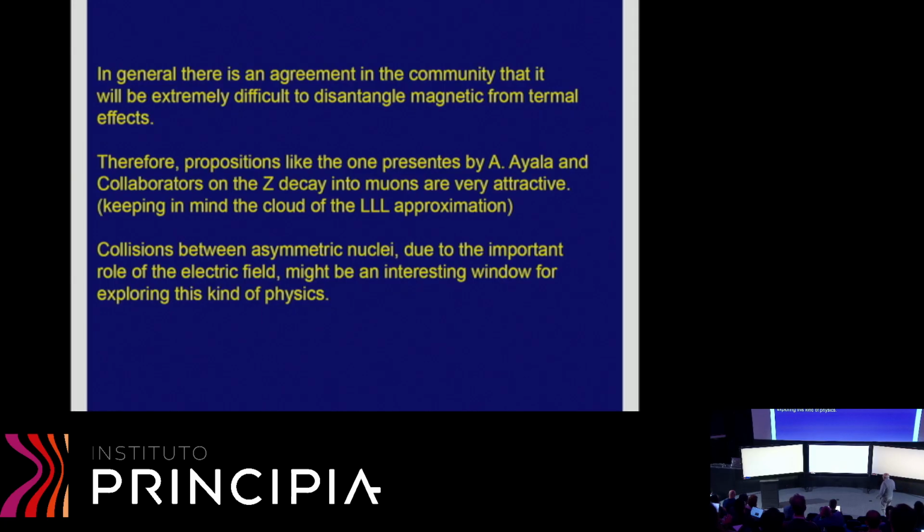Therefore, I was very impressed by the talk by Alejandro about the J/psi decays into pairs of muons, because this really opens a window to see if you can say something about magnetic effects when temperature is already there. So collisions between asymmetric nuclei, due to the important role of the electric field, might be an interesting window for exploring this kind of physics.